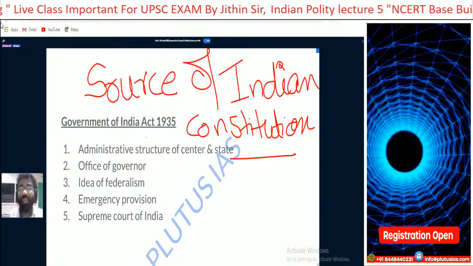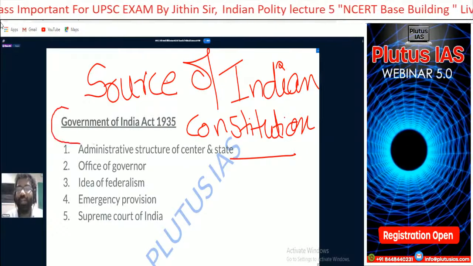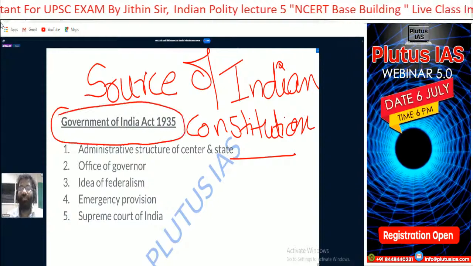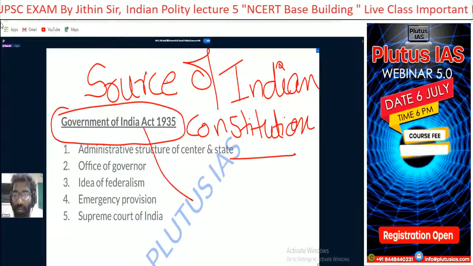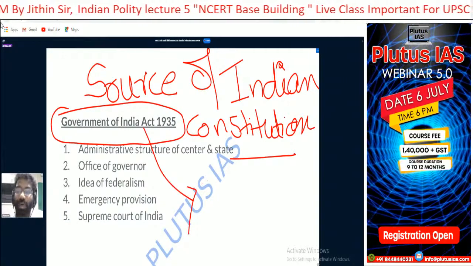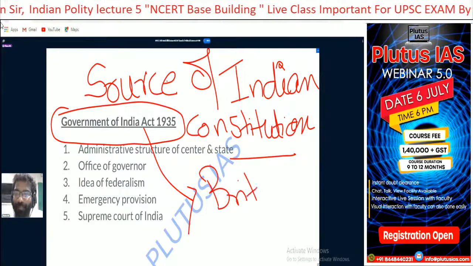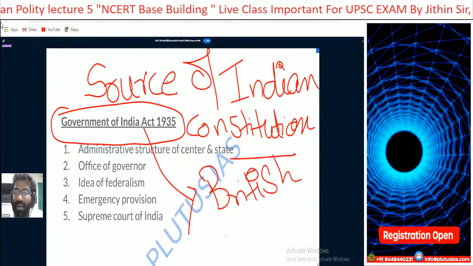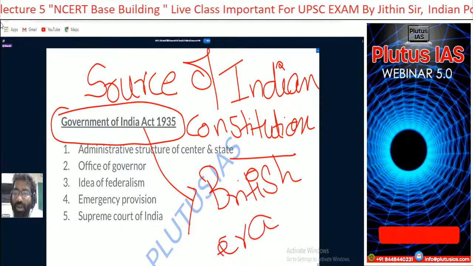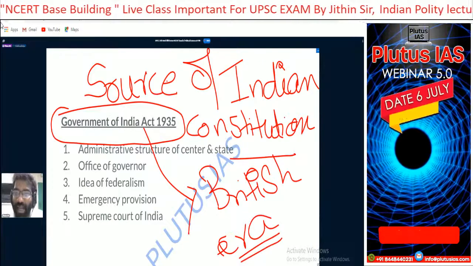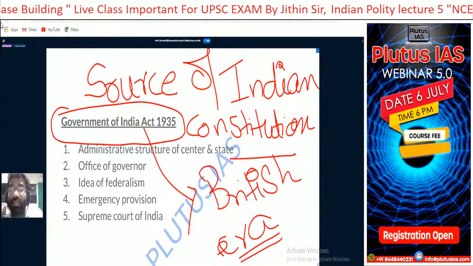Firstly, we are going to learn about the Government of India Act 1935. This act was made in the British era, because we got independence in 1947, right? So this act was made in the British era, and it had certain provisions.